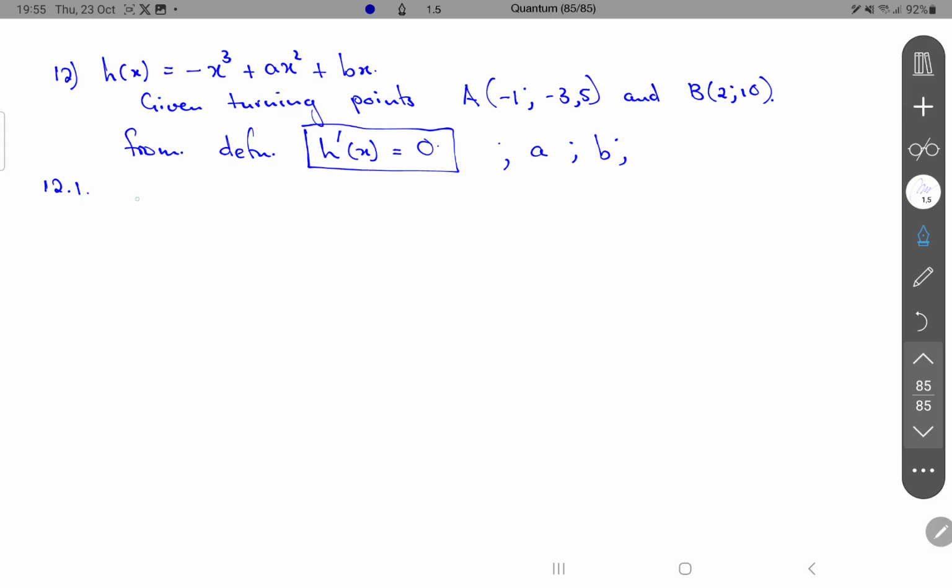So let's differentiate h of x, which is negative x cubed plus ax squared plus bx. Now, h prime of x is negative 3x squared plus 2ax plus b.